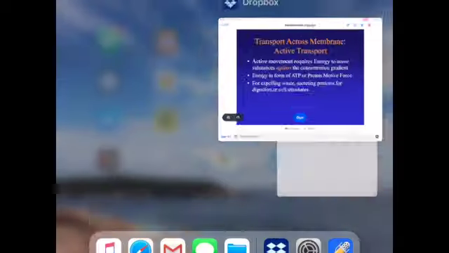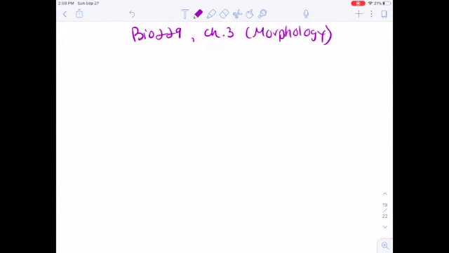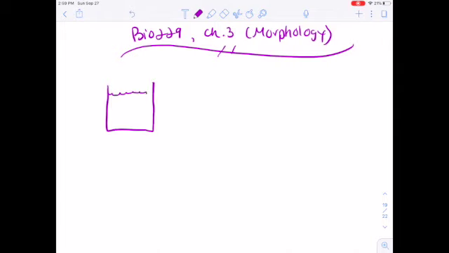For that, we'll go back to Notability. All right, we're doing purple here. When I did the little glass of water with a blob of purple food coloring, you have a high concentration here in the little blob of food coloring and a low concentration out here. So there's a low concentration of dye out here in the water.